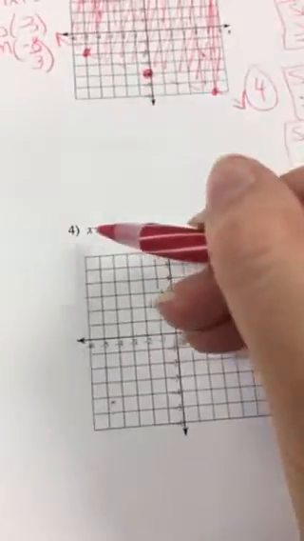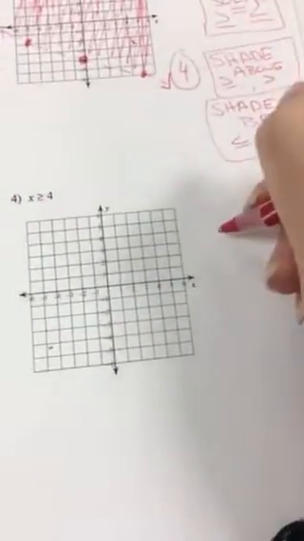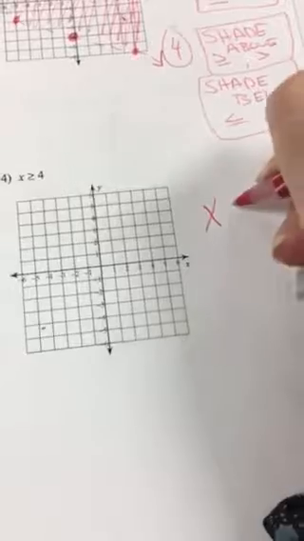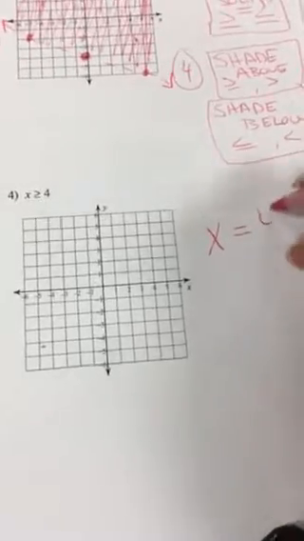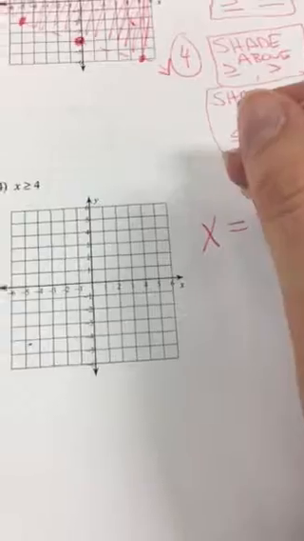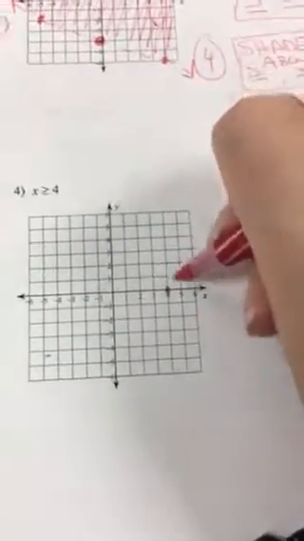Number 4 is a little bit different. X is greater than or equal to 4. So you might remember from the previous video where we had something where x equals a number, and that was an undefined slope. So when I have that, x is always 4.